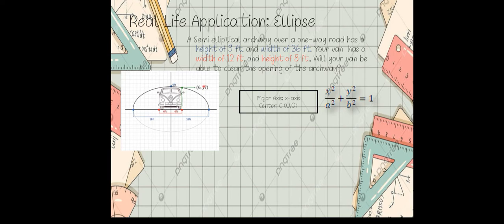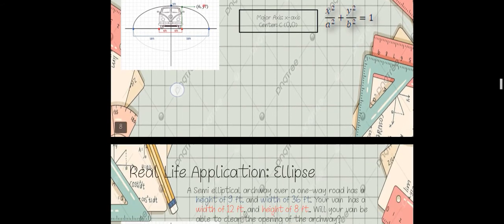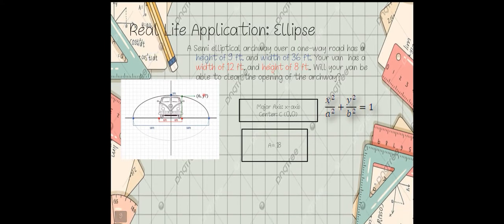Given that, our equation is going to be x squared over a squared plus y squared over b squared is equal to 1, which is the standard equation of an ellipse given that the major axis is at the x-axis and that the center is just at the origin (0, 0).